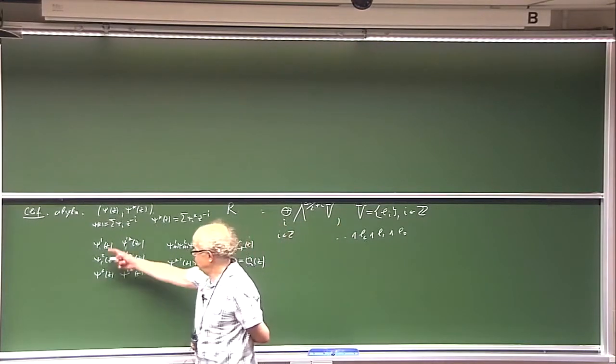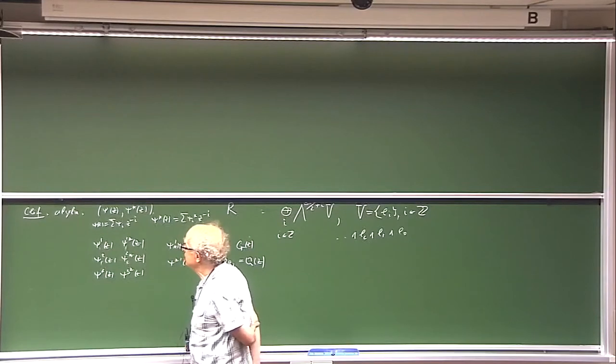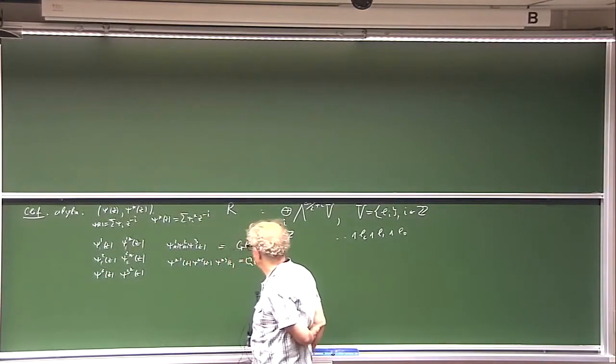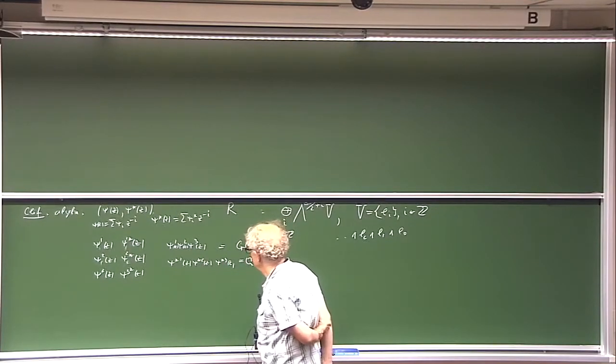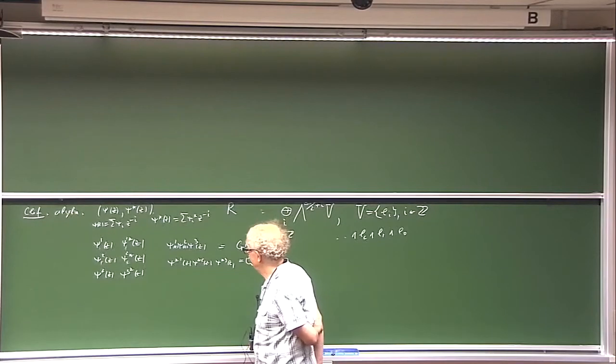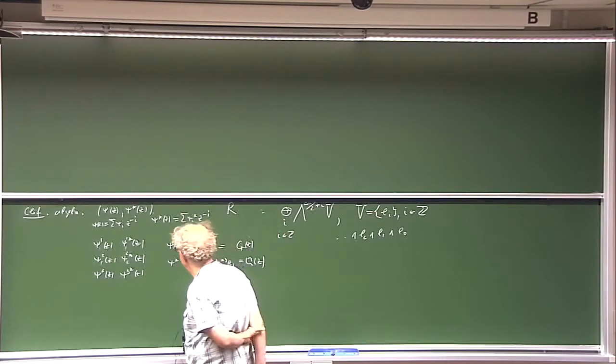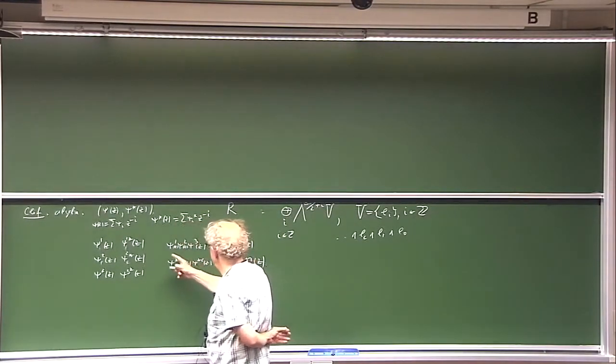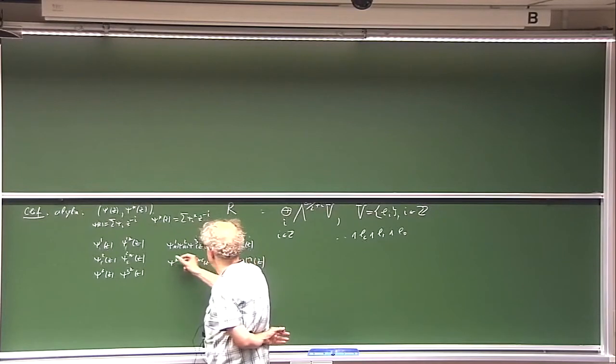We can take many copies, take products like this, and form some version of G and Q. Then let us examine this example a little bit.